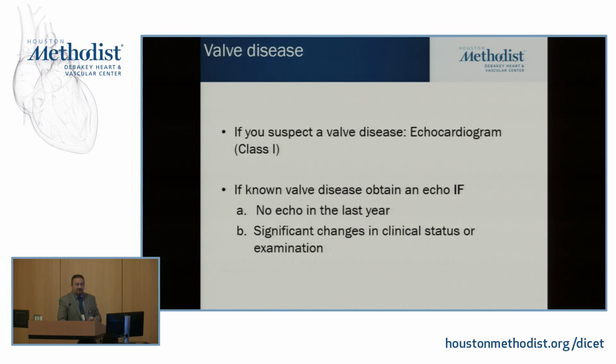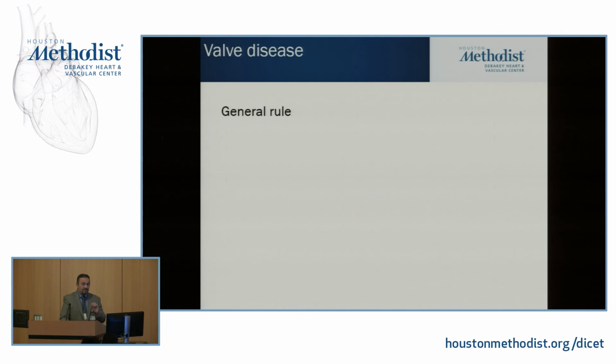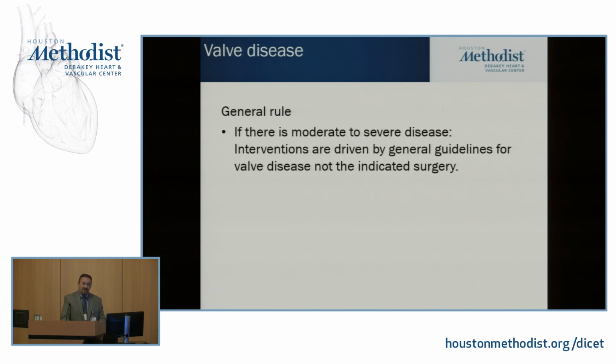If you have not had an evaluation in the last 6 months to 1 year, or that patient tells you my symptoms are getting worse in regards to heart failure symptoms or chest pain and so forth, then that requires another evaluation. But the general rule for valve patients, for moderate or severe disease, is that we don't necessarily intervene on a valve because the patient is going to undergo surgery.